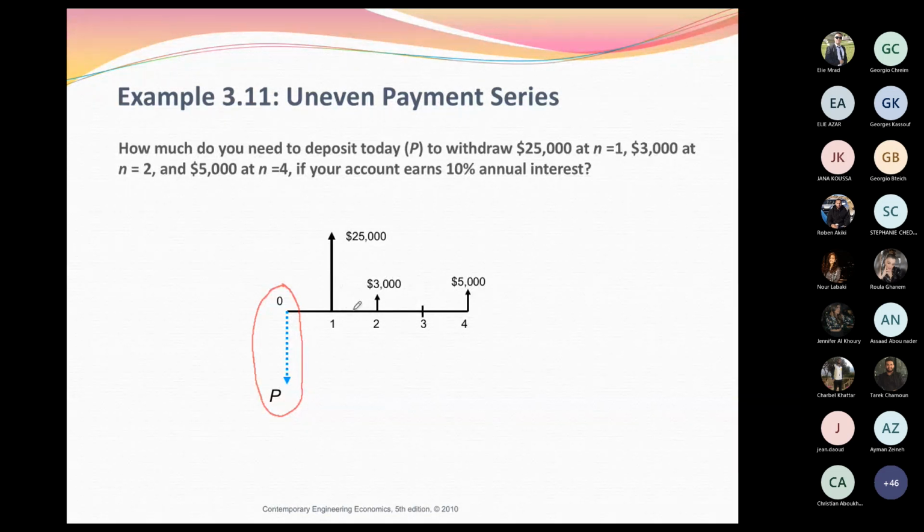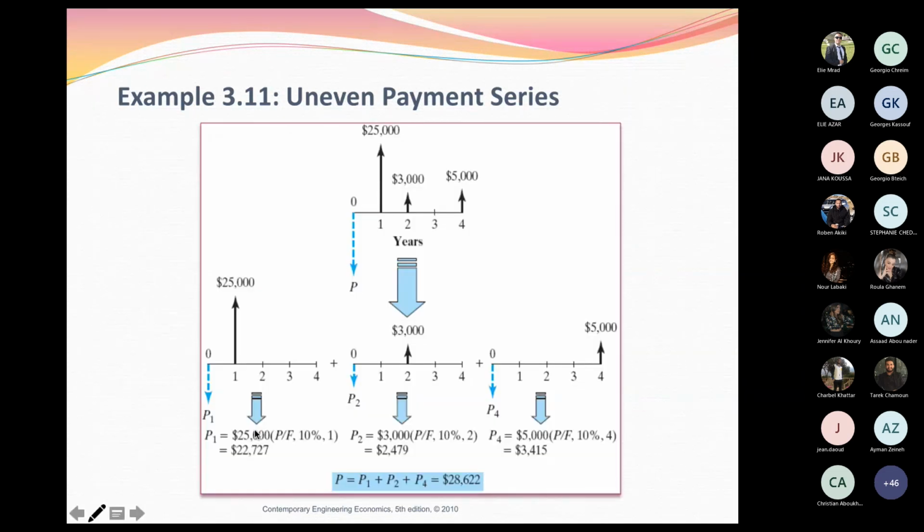There is nothing special about it, it is not an equal payment. Actually, after what we learned, you will need to discount each amount on its own. Okay? In factor notation: 25,000 P knowing F 10% 1, 3,000 P knowing F 10% 2, 5,000 P knowing F 10% 4.